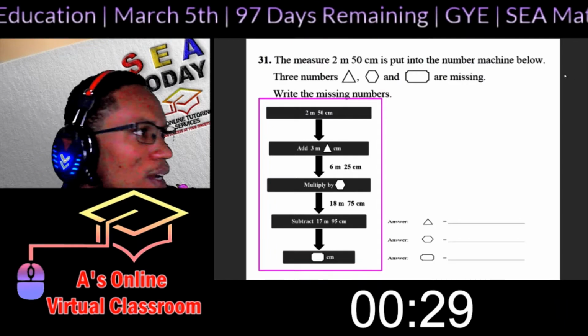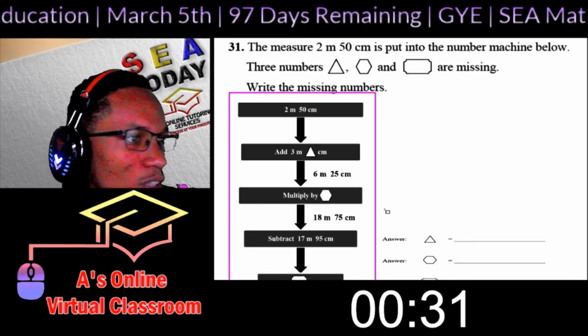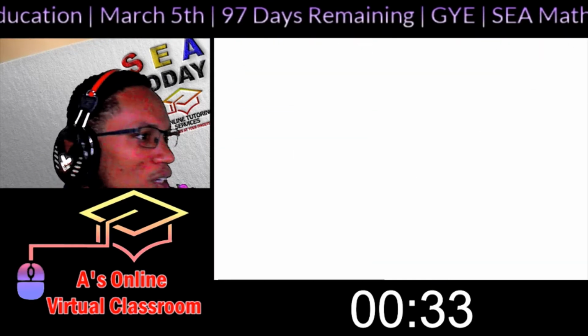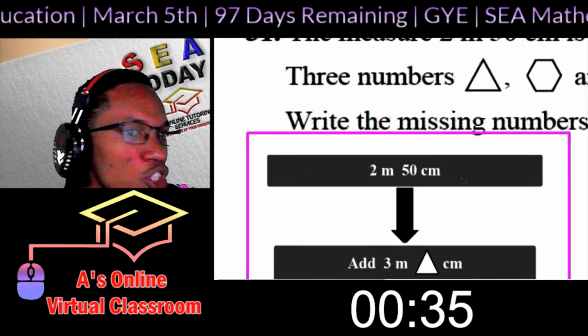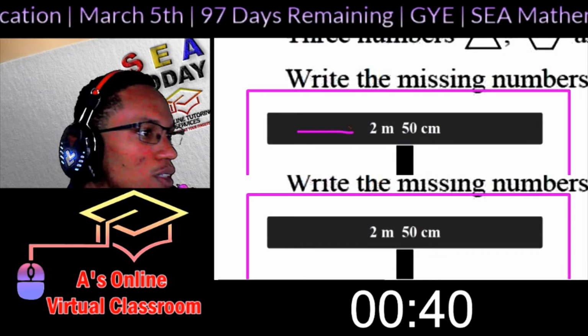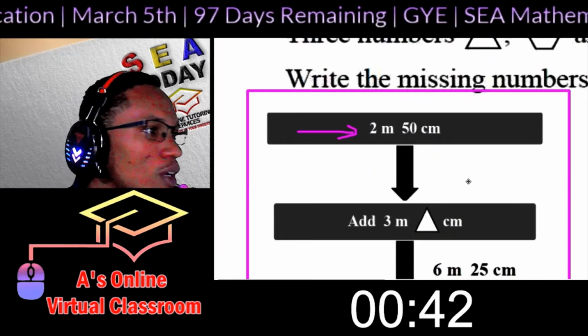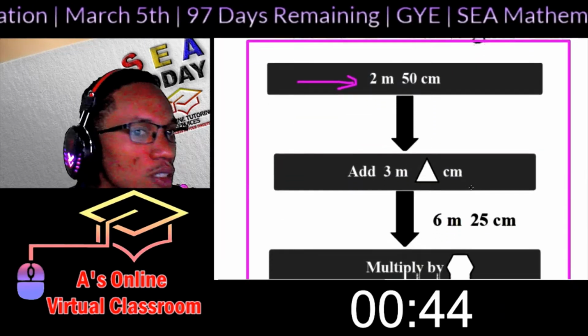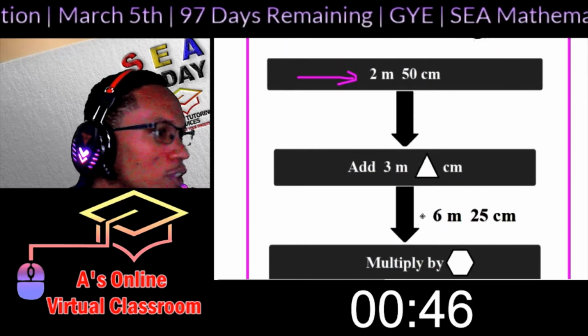And what I like to look at this as is not really a question, but more of a little game. So the machine goes where you put this amount into it, and once you put that amount into it, you have different things happening.